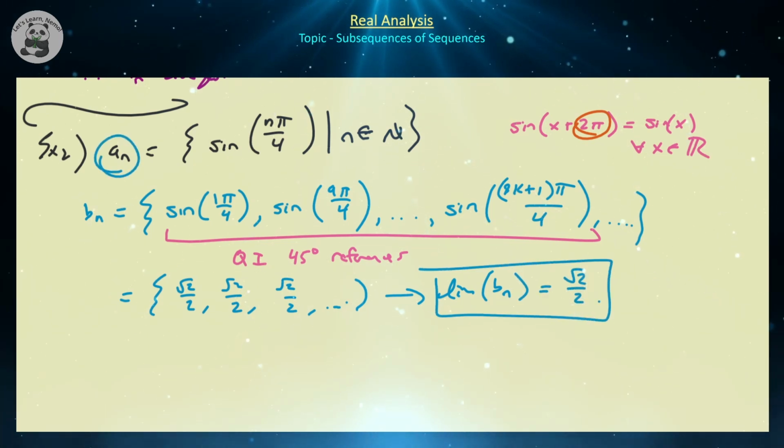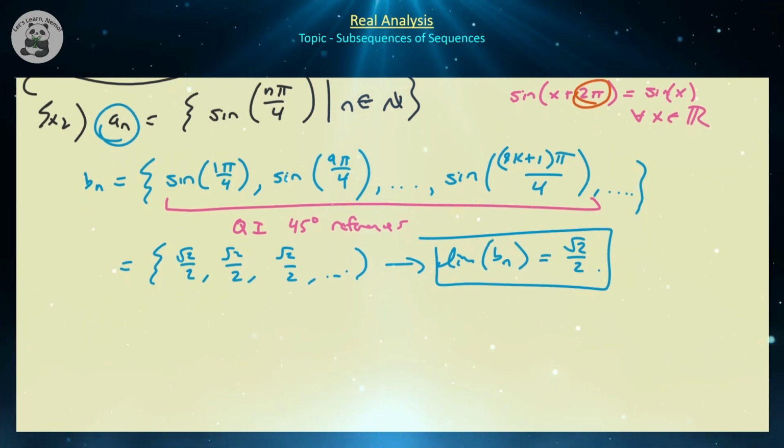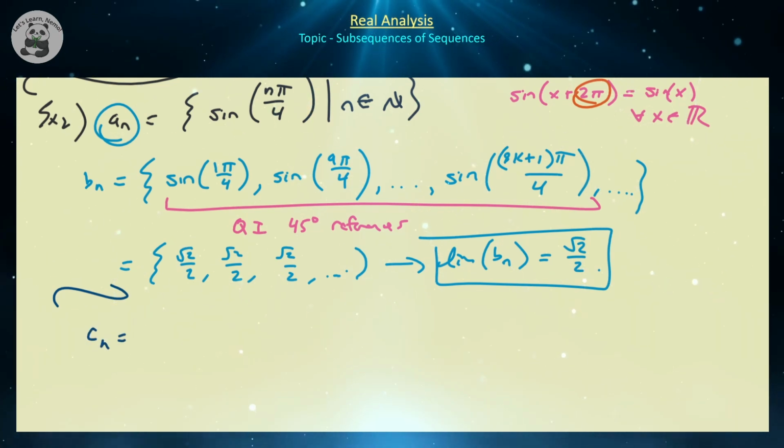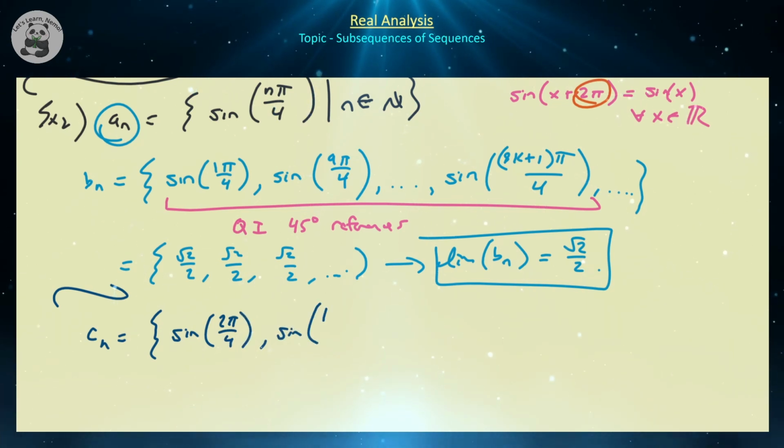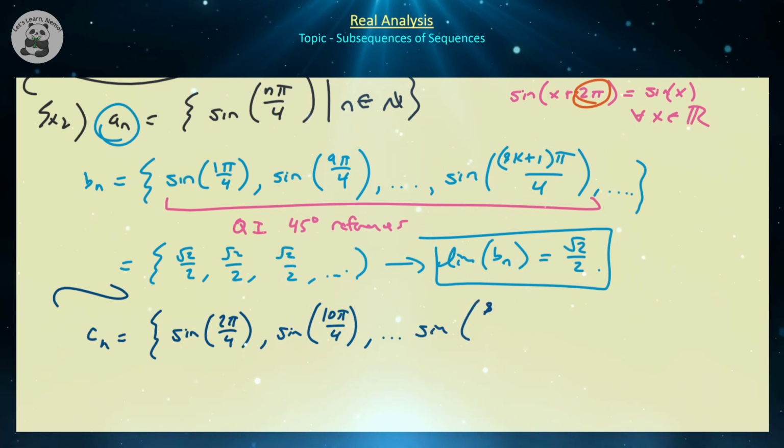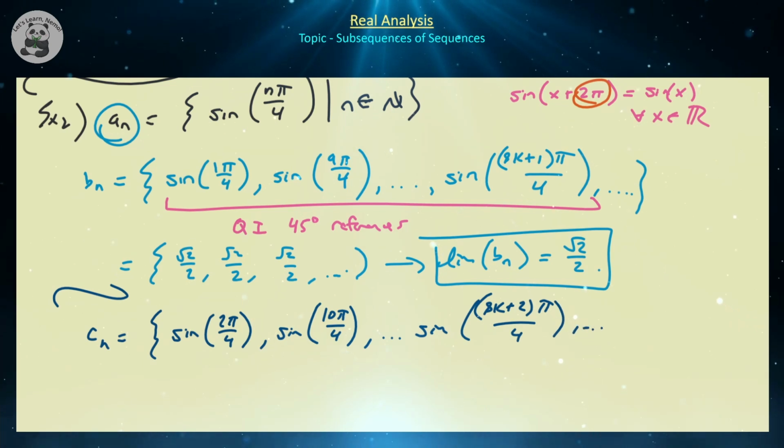So if we're trying to prove that An diverges, all you need to do is find a different sequence that converges to a value that is not the square root of 2 over 2. So you can choose Cn to be, let's just rotate all of these by 45 degrees. That would be sine of 2 pi over 4, then sine of 10 pi over 4, all the way out to sine of (8k+2) pi over 4, and so on.